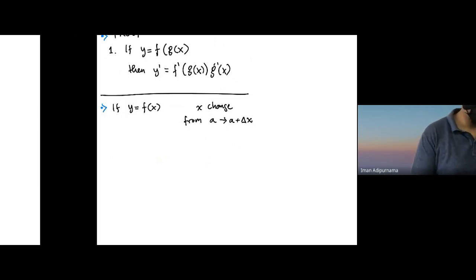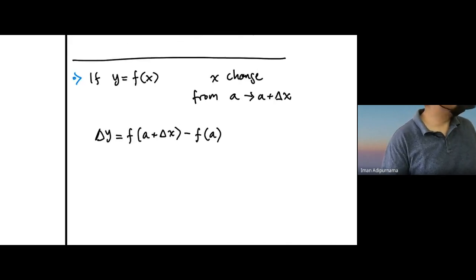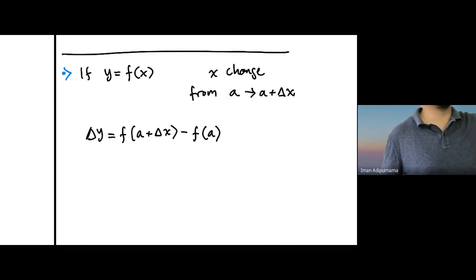And then we have the delta y, which is the difference between the heights of the function at a and at a plus delta x.